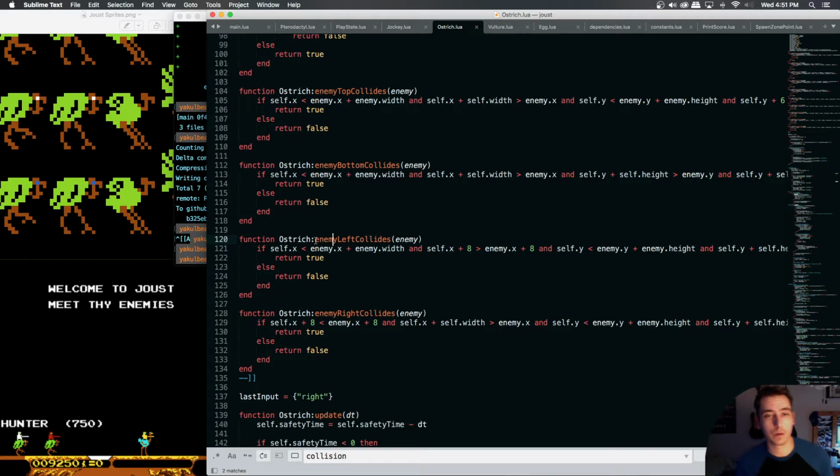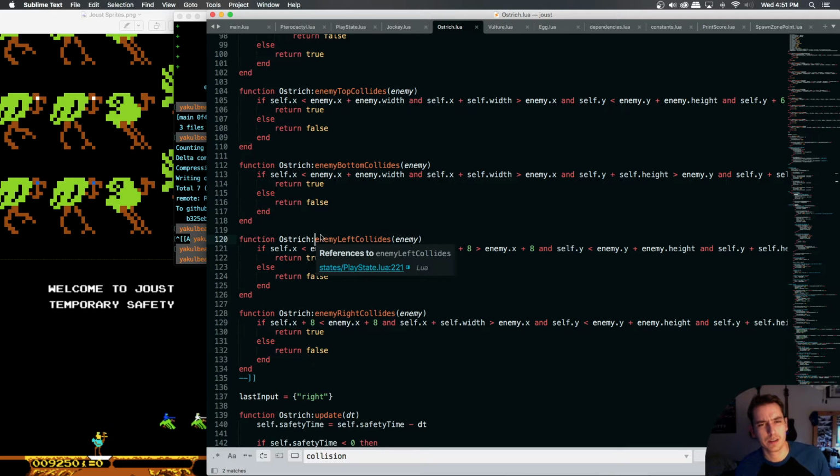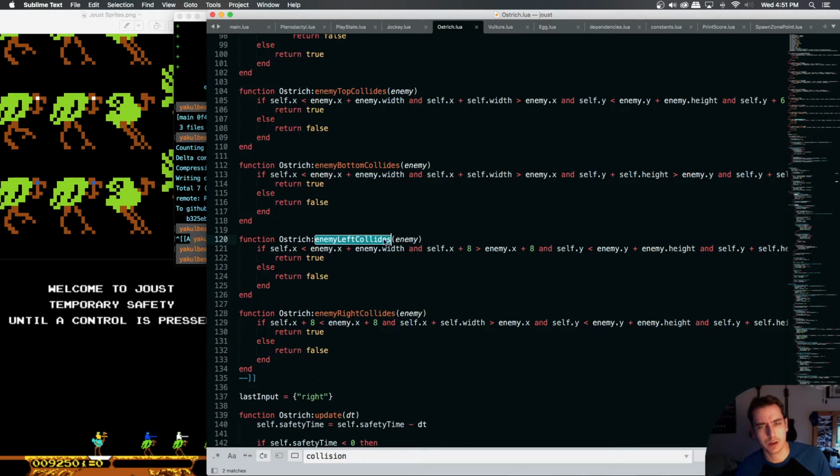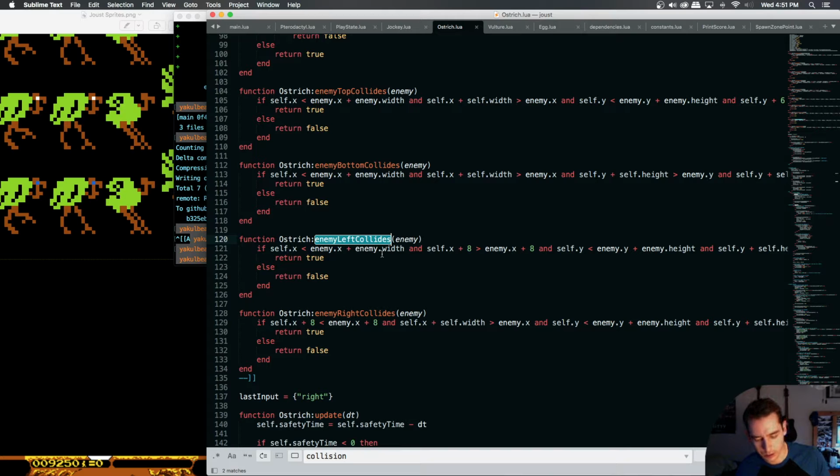Okay, so this is a little confusing because we have determined the functions in reference to our ostrich. So the enemy left collides means that there's an enemy on the left side of our ostrich. So how do we determine a left collision?